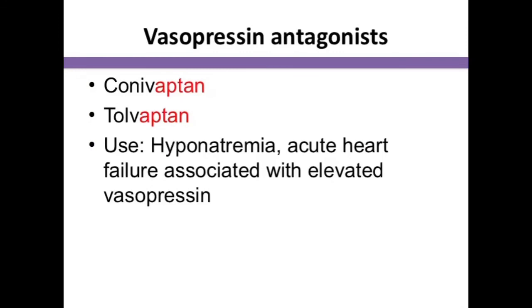Vasopressin antagonists which are available are conivaptan and tolvaptan. So these are used in hyponatremia and acute heart failure, which is associated with elevated vasopressin.